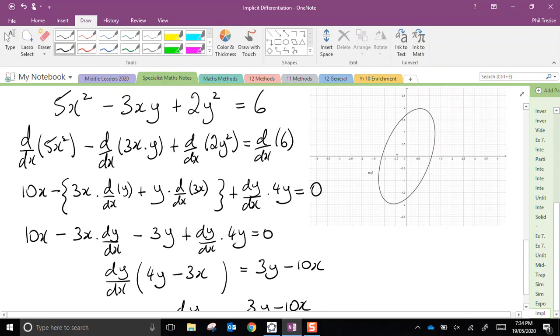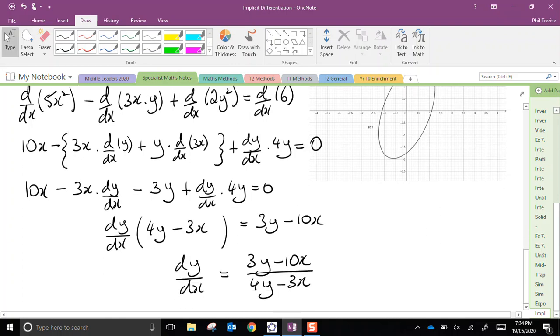All I need to know is a particular coordinate, and I'll need to know both x as well as y. So if I, for instance, were to want to know the gradient at that point there, where x equals 0, I'll need to substitute x as 0 and solve this formula. Let's do that.